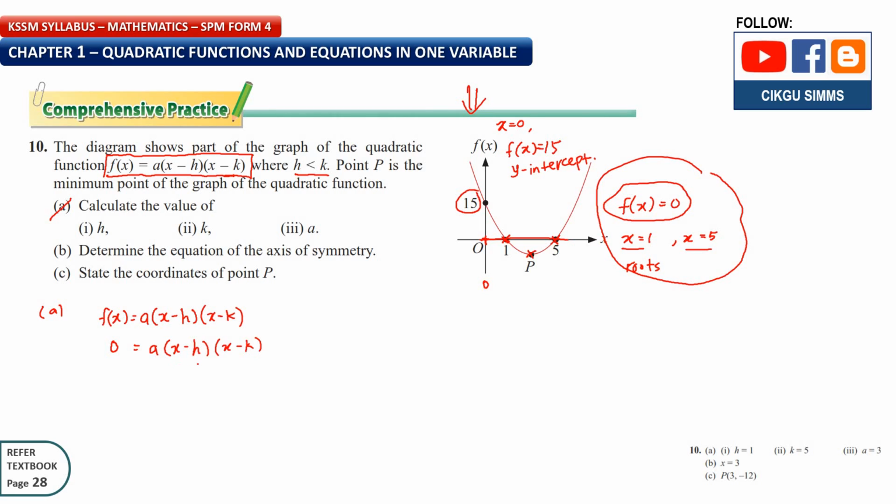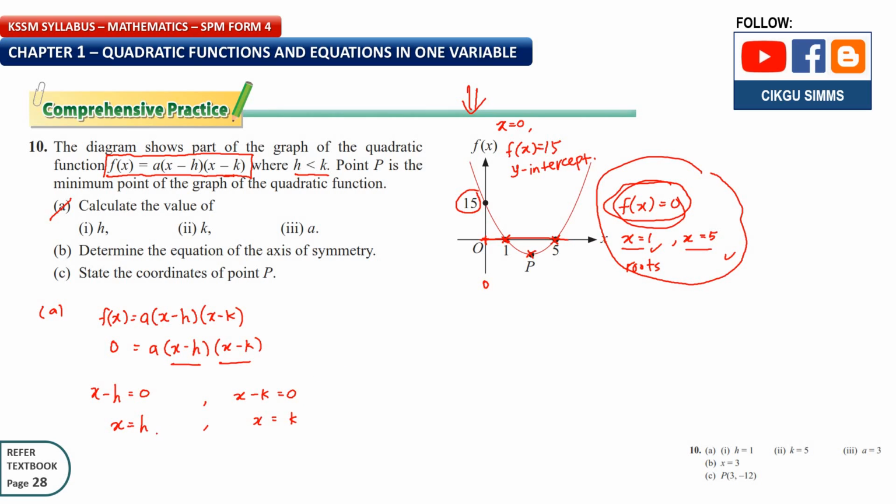So I can get my first bracket equal to 0 or my second bracket equal to 0. So x minus h equal to 0, this is my first bracket. X minus k equal to 0, this is my second bracket. And then I know that when fx is 0, my x is 1 and 5. Okay. My first root is h and my second root is k.